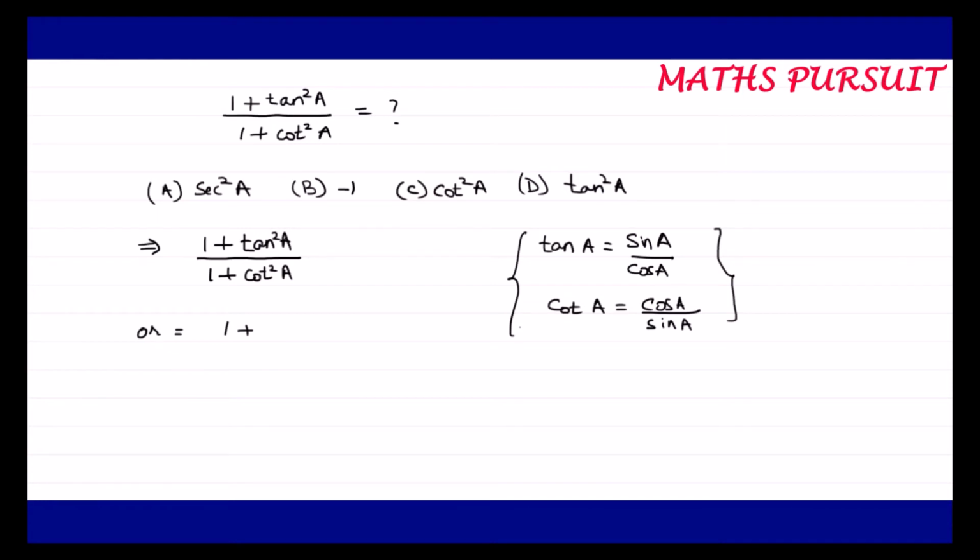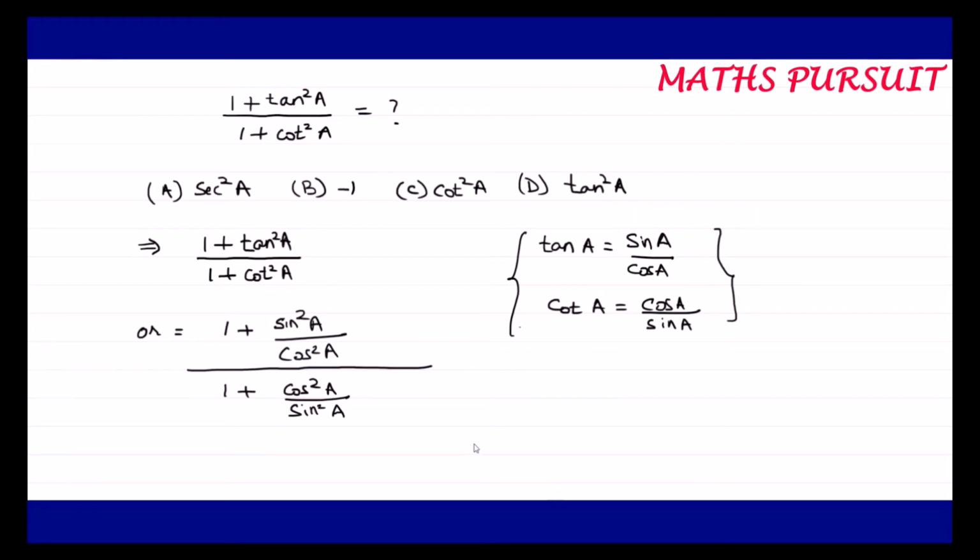Here we have 1 plus tan square a. We know that tan a is equal to sine a upon cos a, so I can write tan square a as sine square a upon cos square a, upon 1 plus cos square a upon sine square a, because cot a is nothing but cos a upon sine a, so cot square a is cos square a upon sine square a.